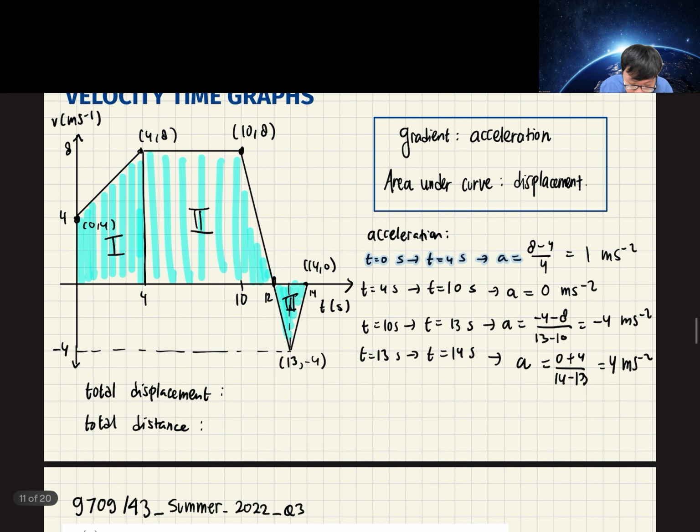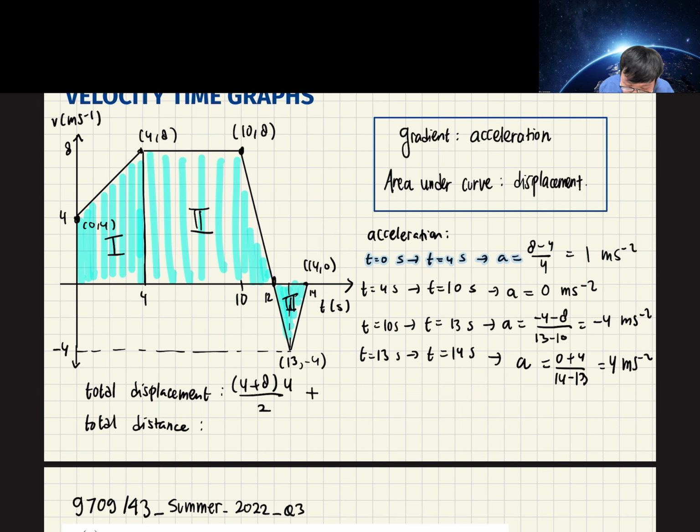The first one is a trapezium. So we use the formula of trapezium: the sum of parallel sides, 4 and 8, times the height, 4, over 2.